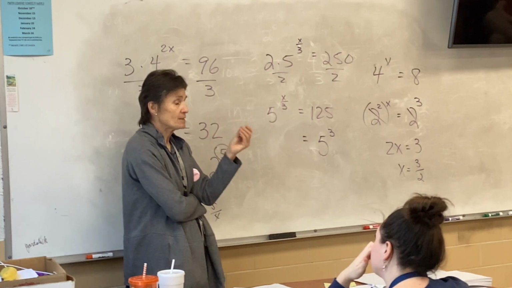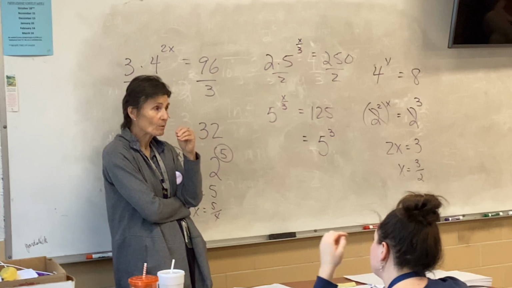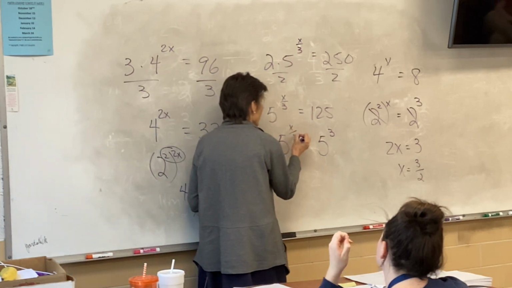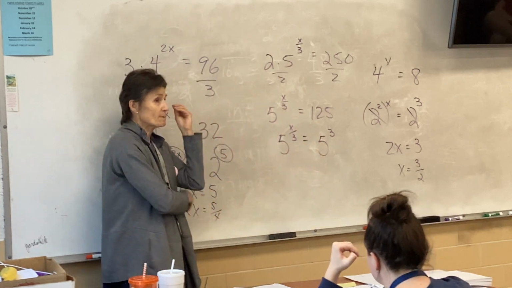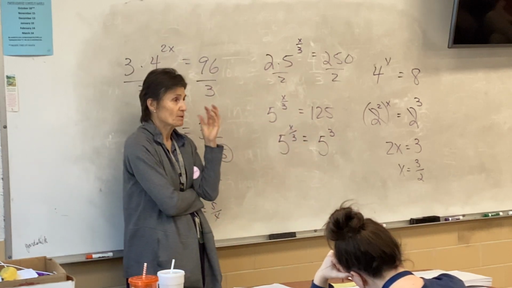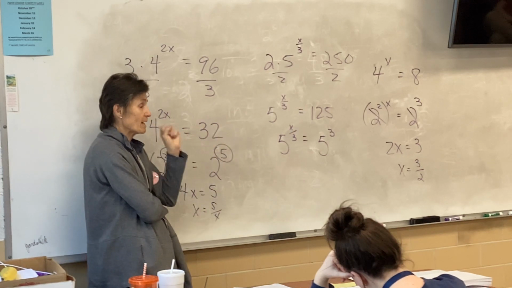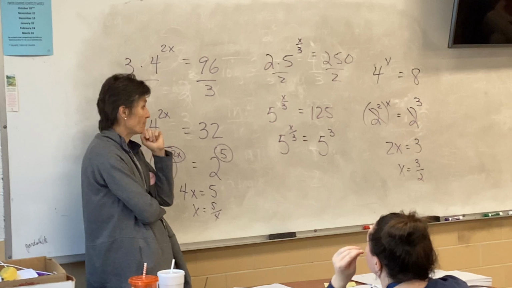If I'm asking you to do these problems without a calculator, you are always going to be able to get a common base, guys. Sometimes you're just going to have to figure it out, but you're always going to be able to do it if you don't have a calculator. You have to be able to get a common base.